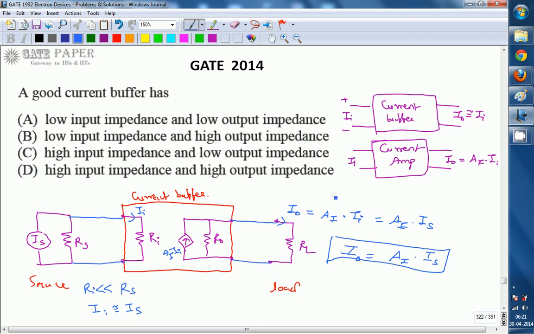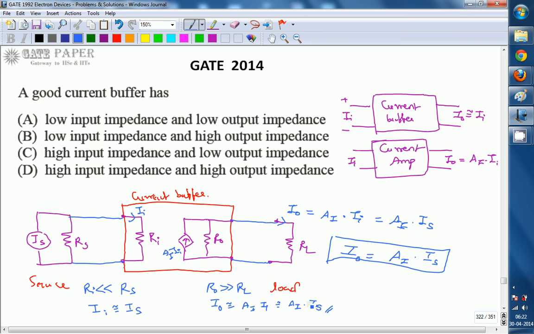And for AI times Ii to go into RL, R0 should be very large compared to RL, according to the current division rule. Then I0 is approximately equal to AI times Ii, which is approximately equal to AI times Is. This is what is required.